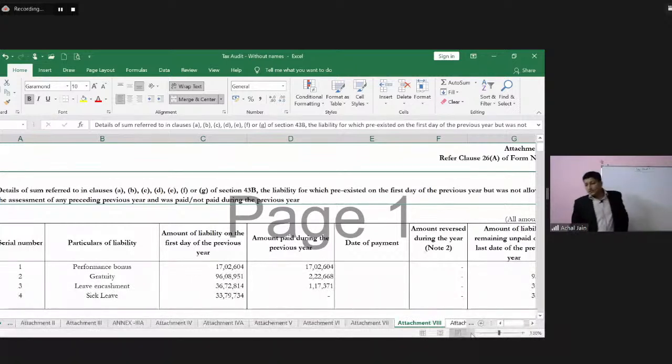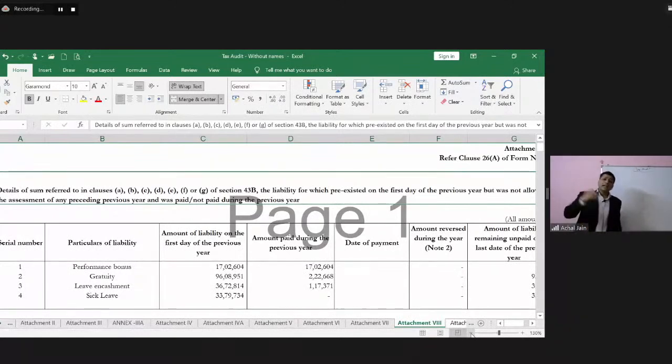Section 43B requires those expenses to be captured which have been taken to P&L, means which have been recorded as expense in the books of accounts, but which are not allowed by the income tax department till the time those expenses are actually paid.